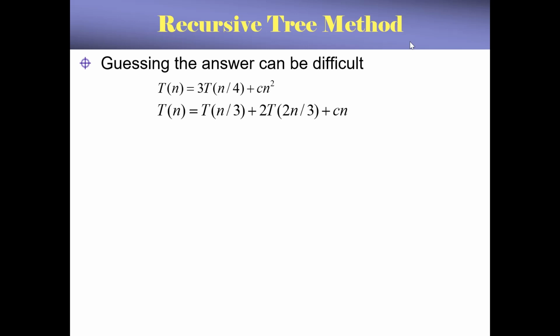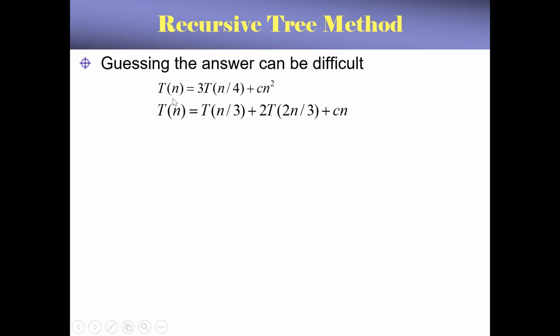Usually it only guides you to guessing the solution, so that once you have a solution, you can use the substitution method to prove it. Or you can use the master theorem, which we shall learn later, to prove it. So guessing the answer of a recurrence relation can be difficult, or at least require some experience.